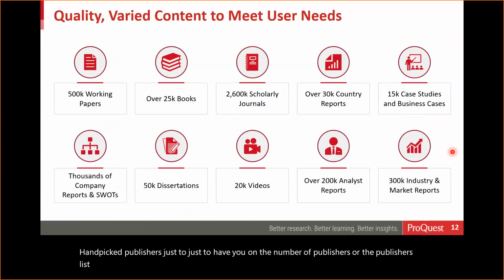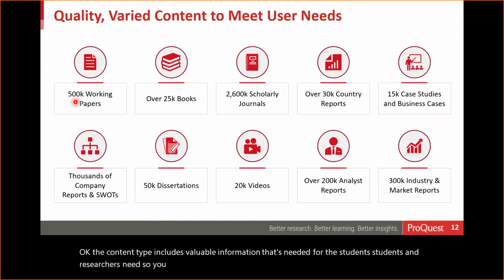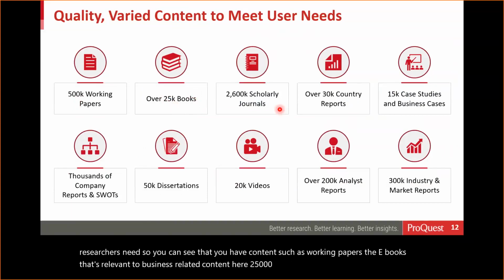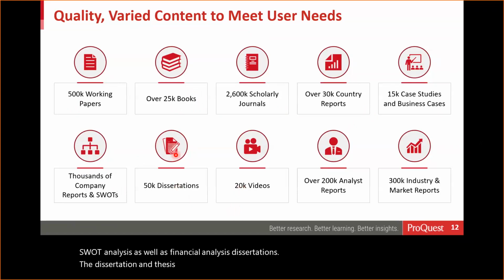Okay, the content types include valuable information needed by students and researchers. So you can see that you have content such as working papers, ebooks relevant to business-related content, 25,000 books, scholarly journals, country reports, case studies and business cases, company reports together with SWOT analysis as well as financial analyses, dissertations and theses relevant to business included in this platform, and videos.